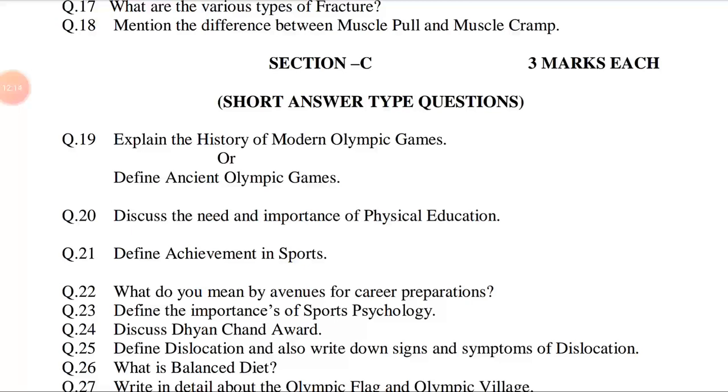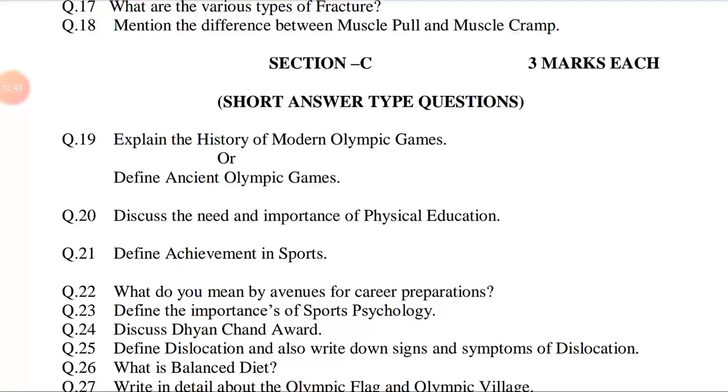Question number 18. Mention the difference between muscle pull and muscle cramp. This question is related to chapter number 10, common sports injuries and rehabilitation. Mention means briefly, without going in detail. Difference means dissimilar. The answer may be: write on one side muscle pull and on the other side muscle cramp.